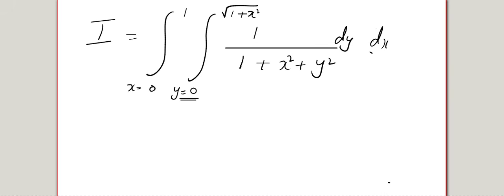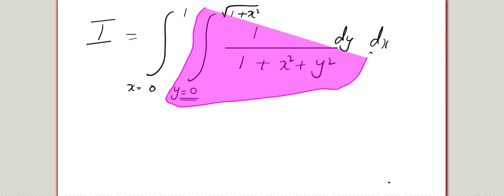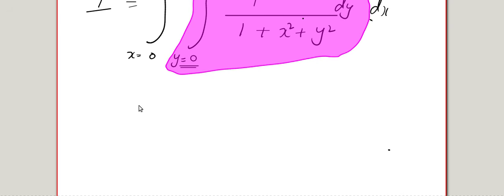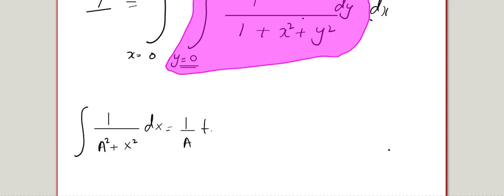Okay, now I will keep the inner integral separately so that you can see that clearly. Okay, in class 12 you learned the formula 1 by a square plus x square, and the formula is nothing but 1 by a tan inverse x by a.